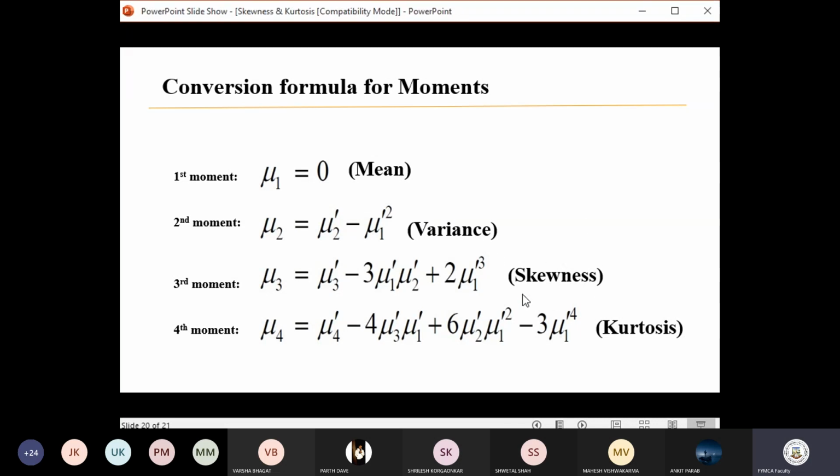Now we have studied skewness, and finally the fourth moment is nothing but kurtosis. So for mean, variance, and skewness, one parameter is central moment and one parameter is raw moment. We don't go to that deep a level, so we will stick to what we have studied, that is Karl-Pearson and Bowley's.